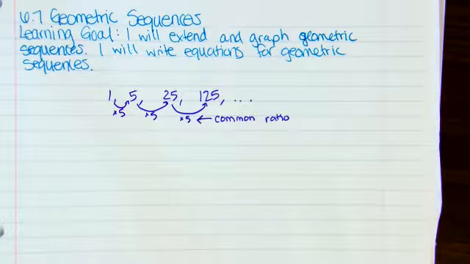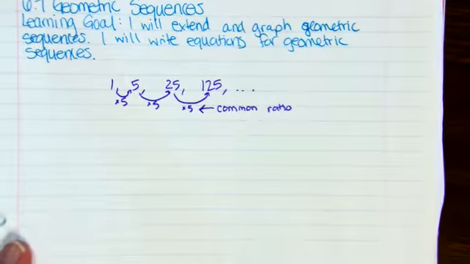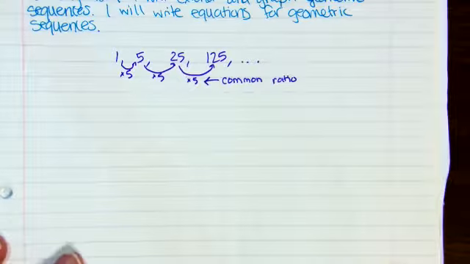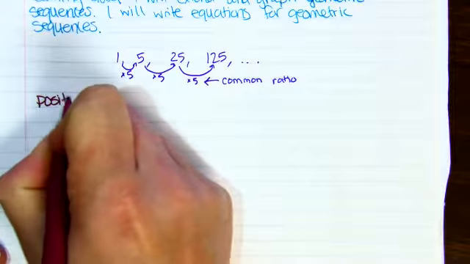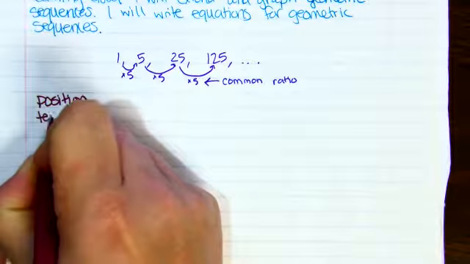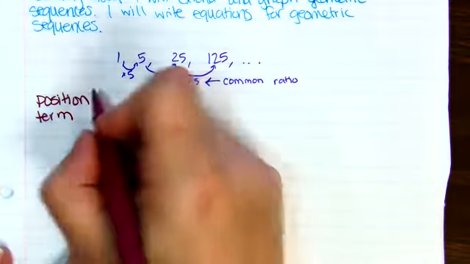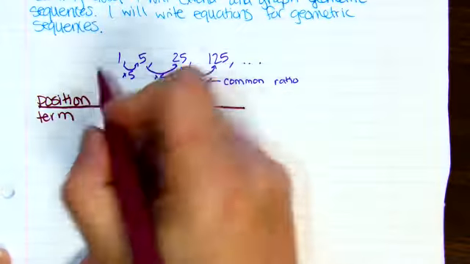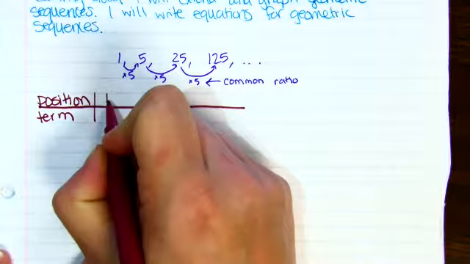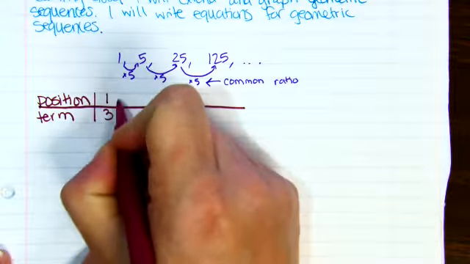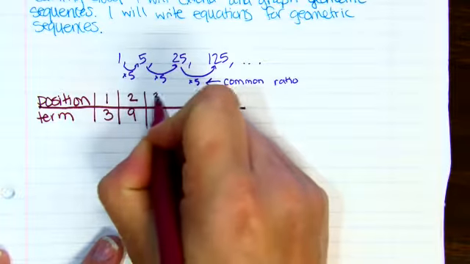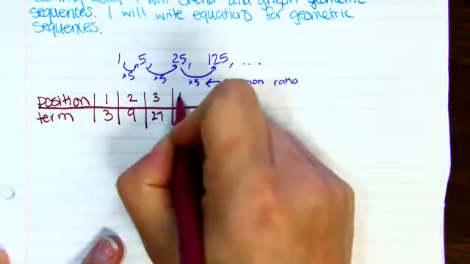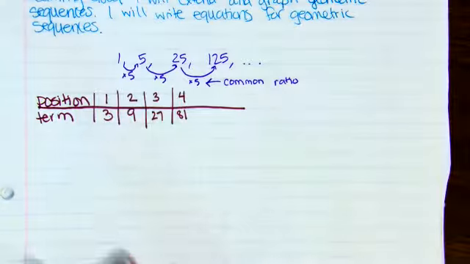So the very first thing that you're going to need to be able to do is just extend these sequences, which means if I start with position and term. In position 1, I have 3. Position 2 is 9. 3 is 27. 4 is 81.